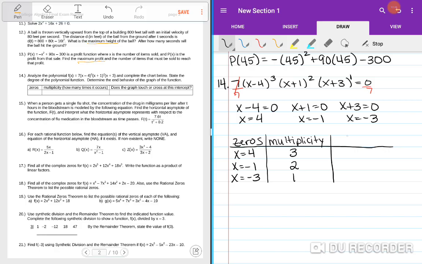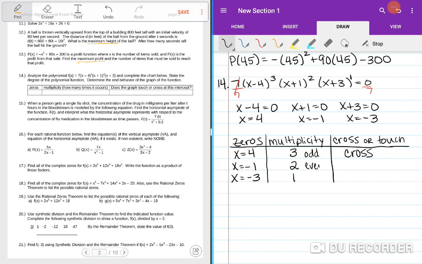All right, and then the question is, does it cross or touch? So I'm going to just put cross or touch. Okay, now we're going to look at the multiplicity and see, is the multiplicity even or odd? Doesn't matter if the 0 is even or odd, that plays no role. Is the multiplicity even or odd? So here, this multiplicity is odd, which means that I'm going to cross at that 0.